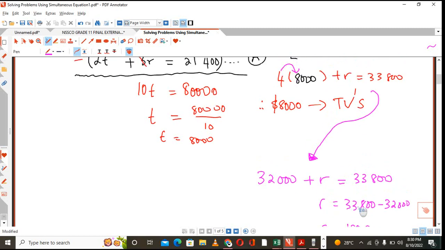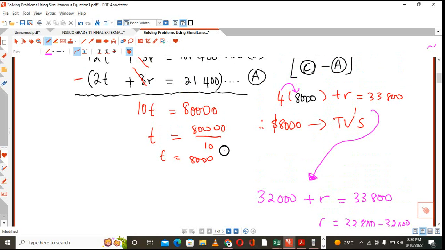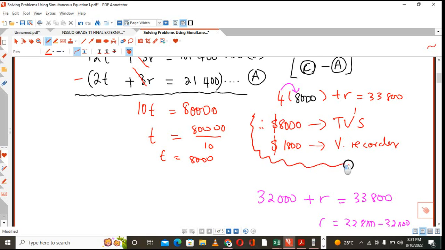When you subtract 32,000 from both sides, you will see that R is equal to 1,800. So therefore, the cost of one video recorder is $1,800.